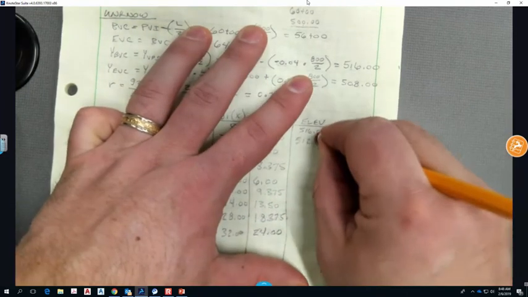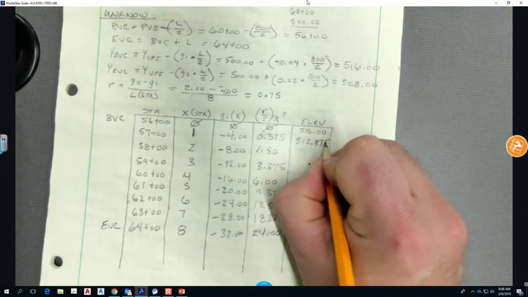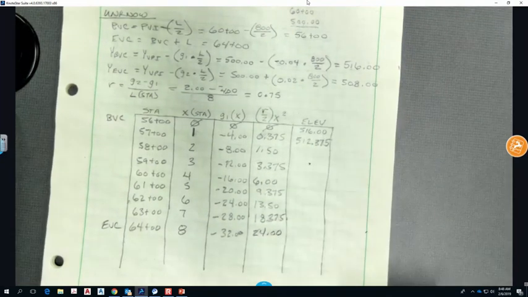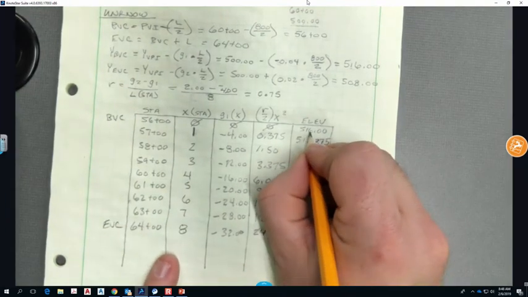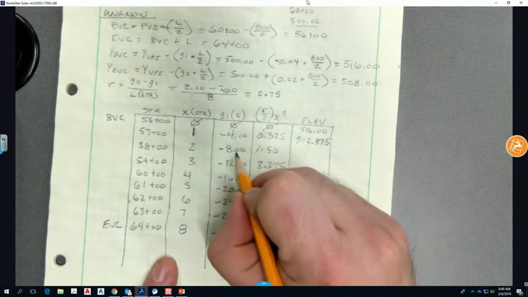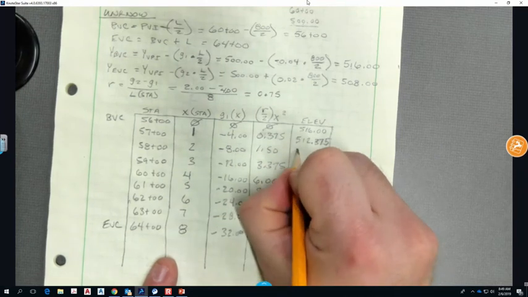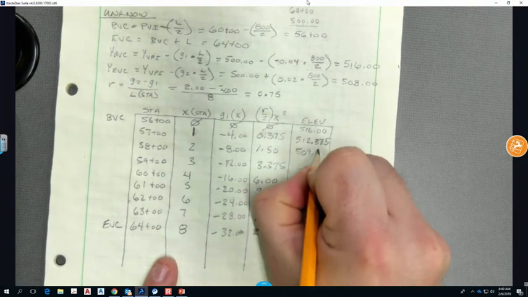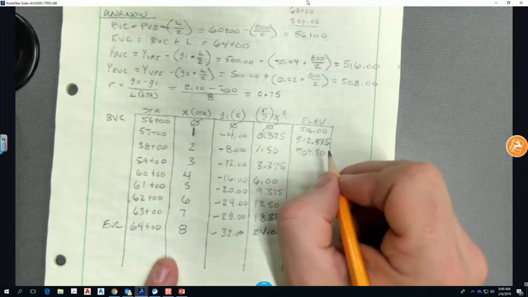I was going to say that didn't look right. 512.375. There we go. All right, how about the other ones? The next one's going to be basically 516 minus 8. So it's 508 plus 1.5. So it's going to be 509.50. Right? No one's using the calculator. I love it.